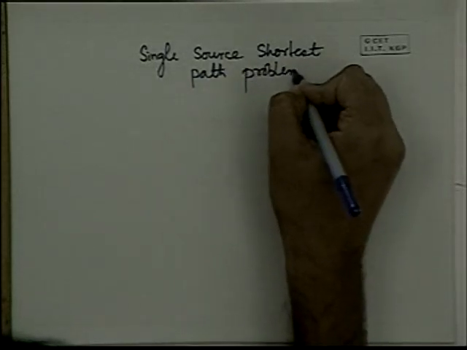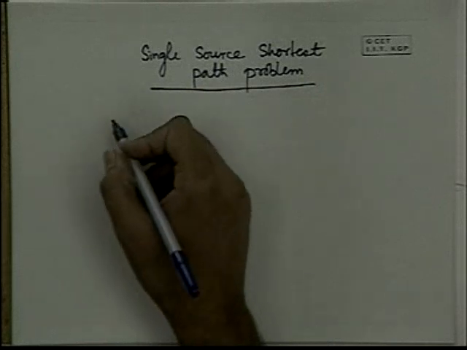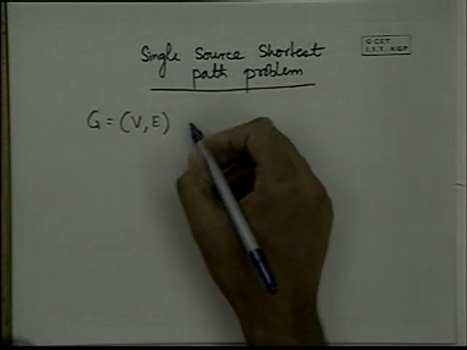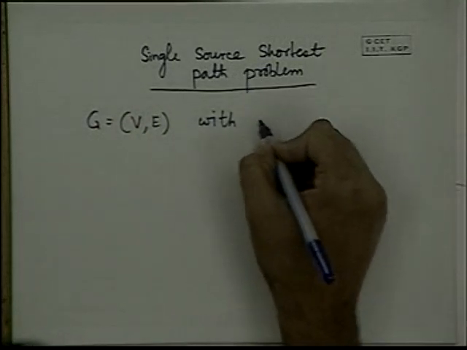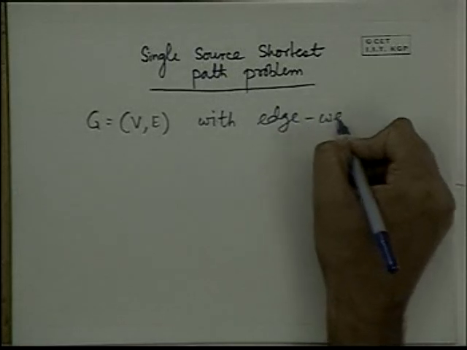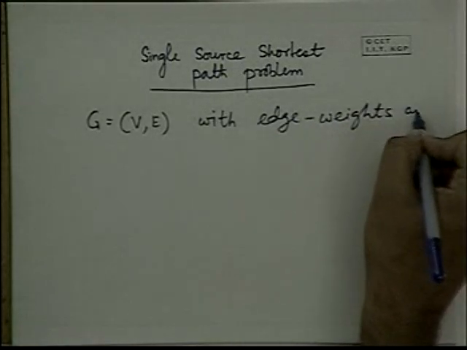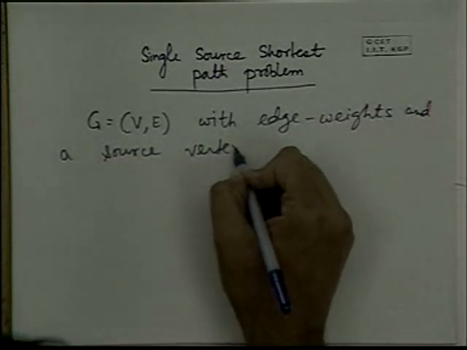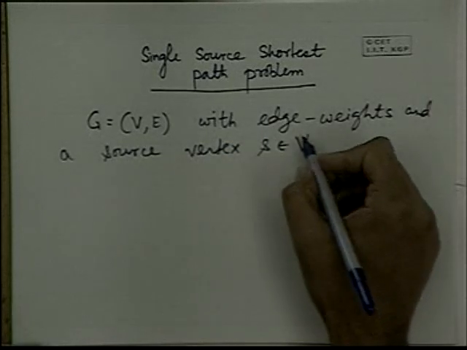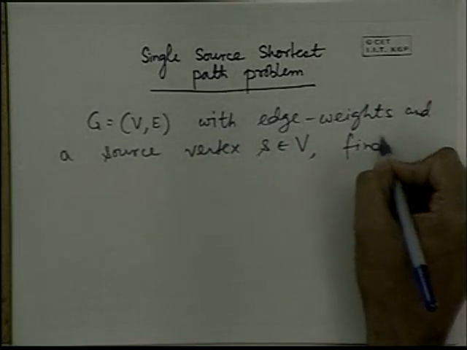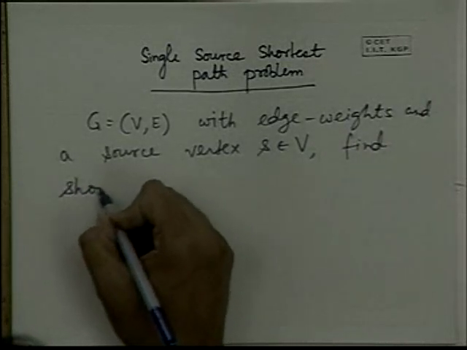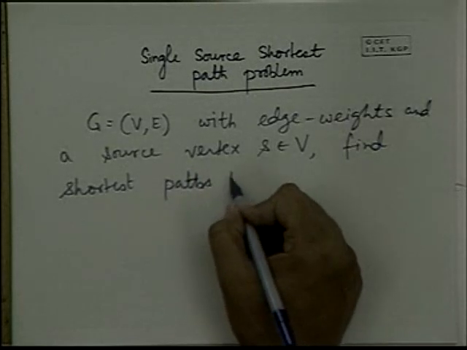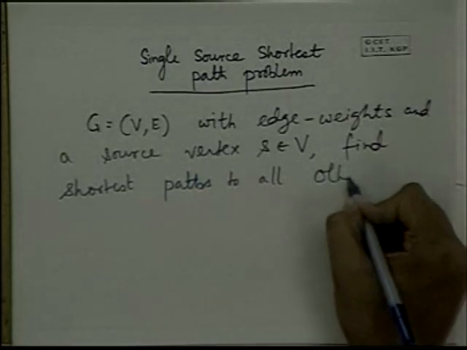For this problem, what we are looking for is this: given a graph G with edge weights, and a source vertex S which belongs to V, find shortest paths to all other vertices in V. That is the problem.